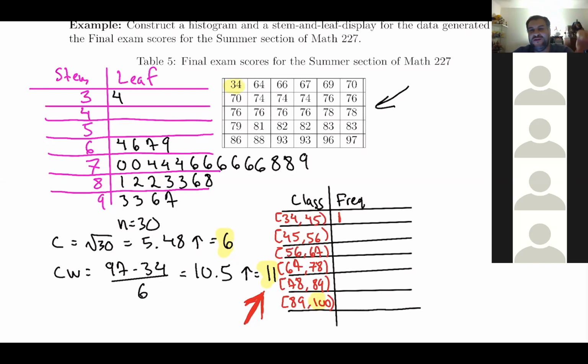So if you look at it from 45 to 56, there is no number from 45 to 56, so there's no frequency there. If you want, you could put a 0. Then you go from 56 to 67. But remember, we don't include the 67. So you only get those two. Then you want to do 67 to 78.